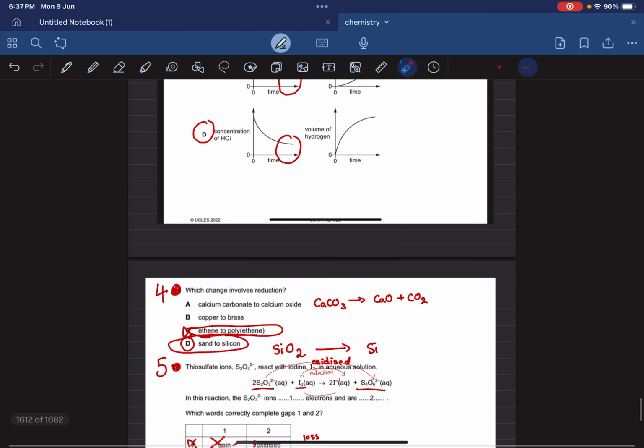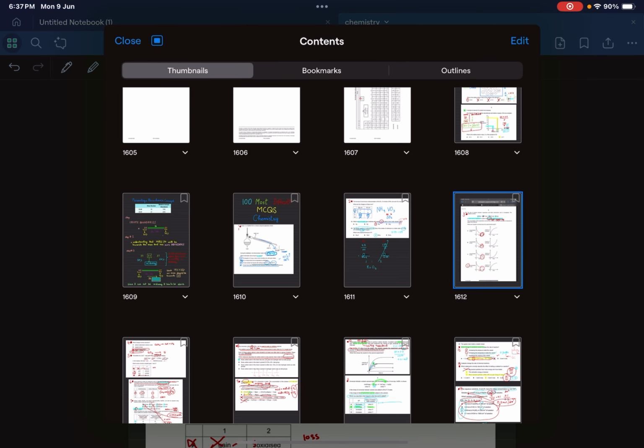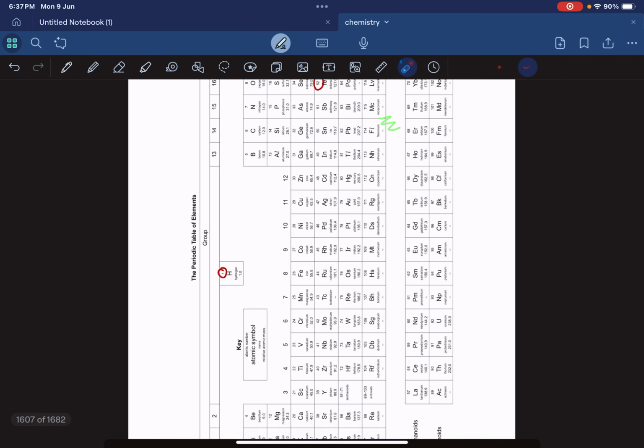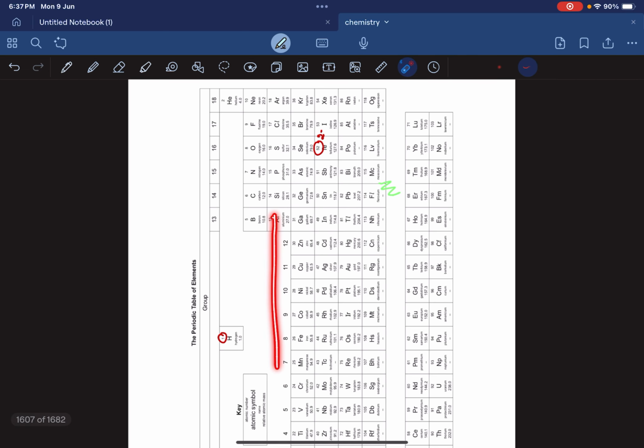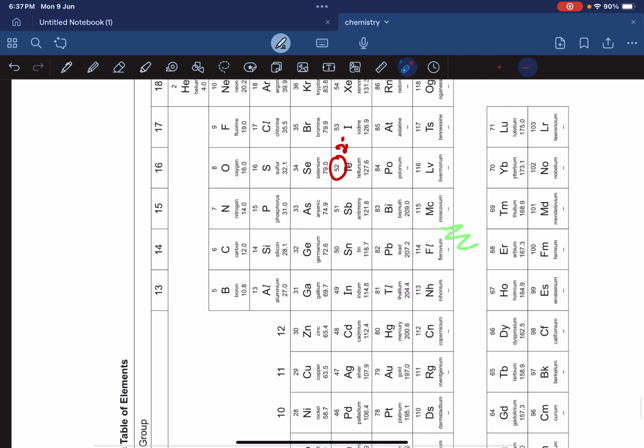We must have a periodic table over here. Let's check out what's in period 3. Okay, this is period 1, period 2, period 3. If I go across my period 3 and group 4, just think about this as your group 4 and this as your group 6. In group 4, in period 3, I have silicon, and in group 6, in period 3, I have my sulfur.